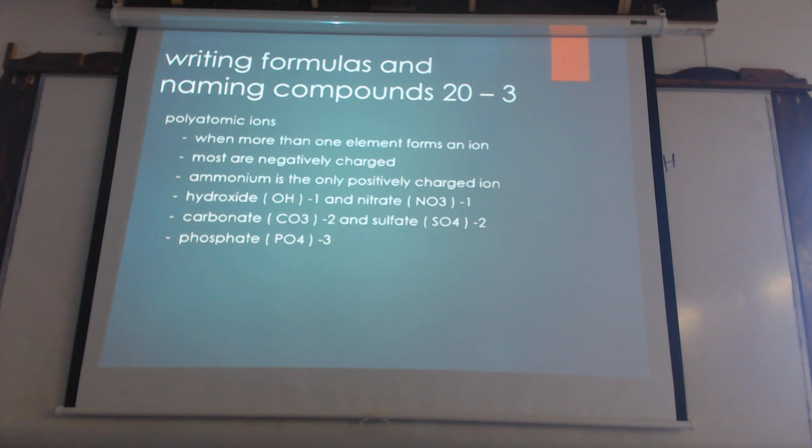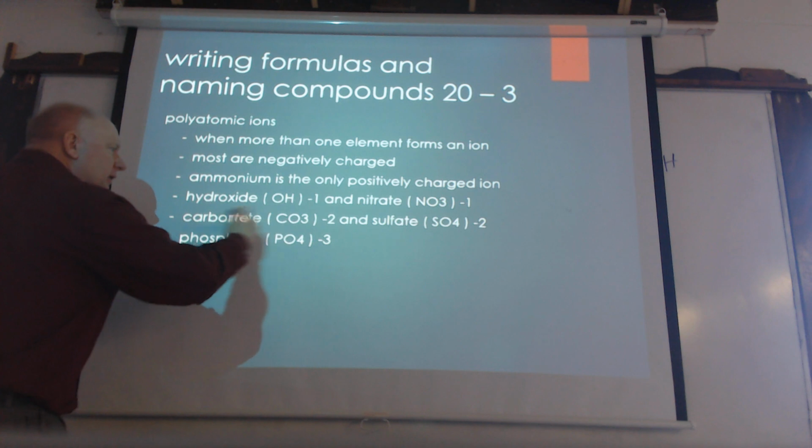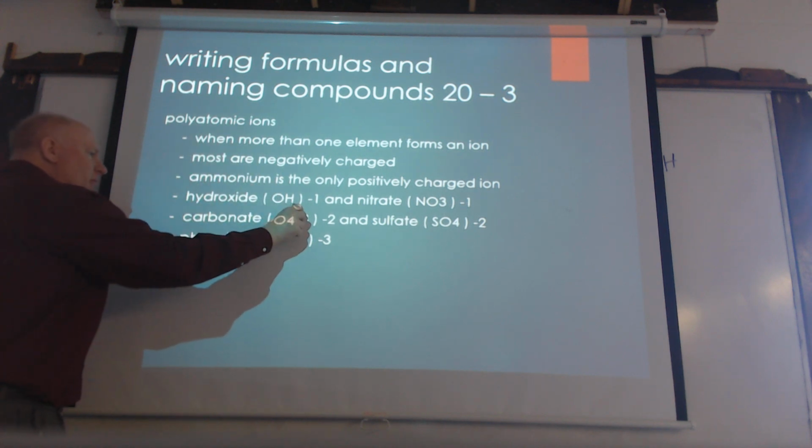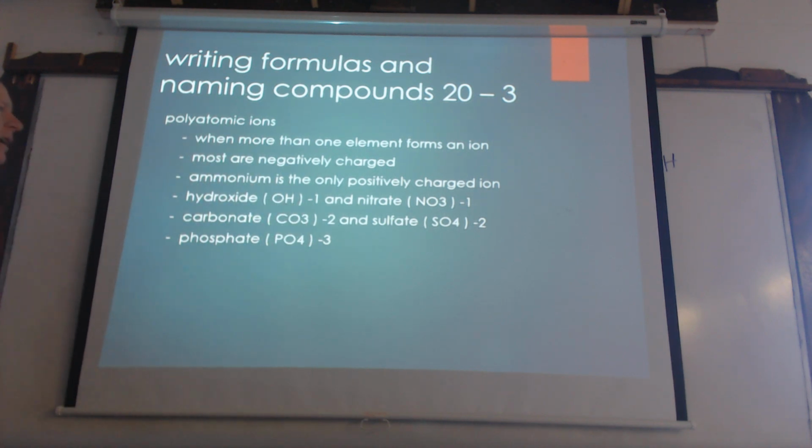Now, this is one of those aspects where it's hard to visualize until you write it down. You can write this down all you want, but until you actually see it and put it to use, it probably doesn't make any sense. So ammonium is the only polyatomic ion that we're responsible for with a positive charge, and it's +1.